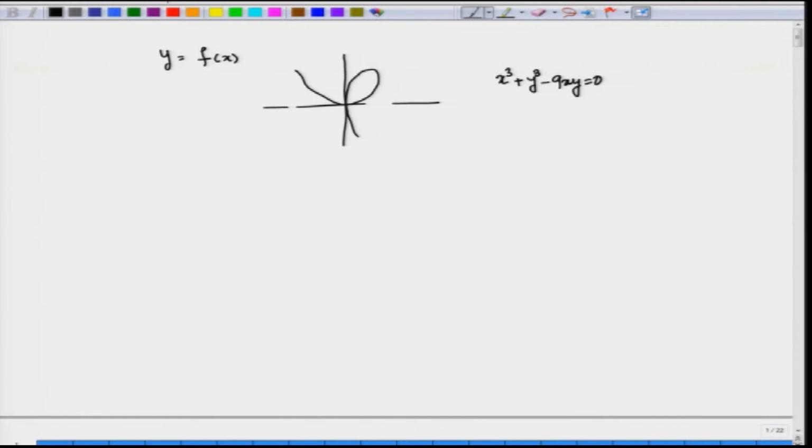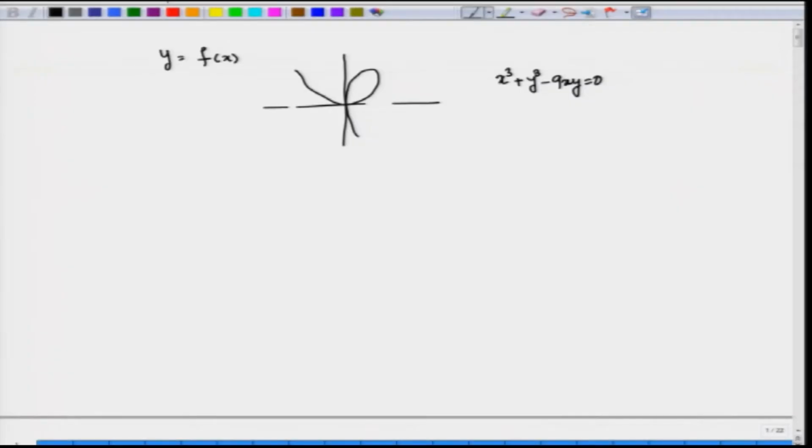This curve is not the graph of a function, because of the straight line rule for when a curve is a graph of a function. So we cannot find y prime by writing y equal to something in terms of x. How do we handle this situation?